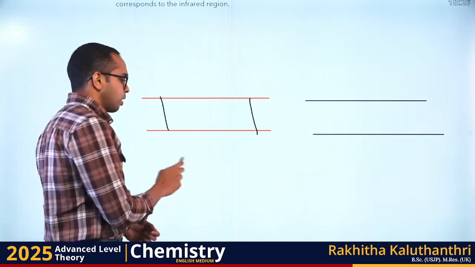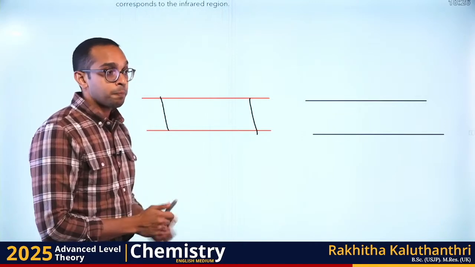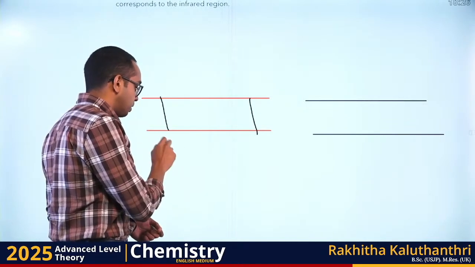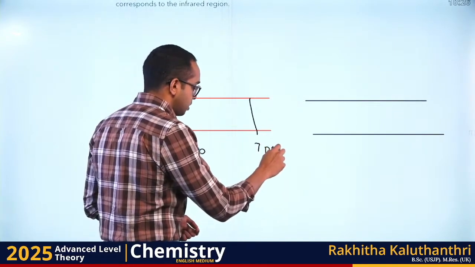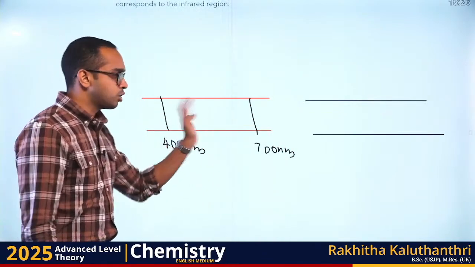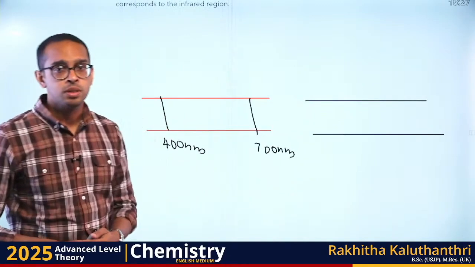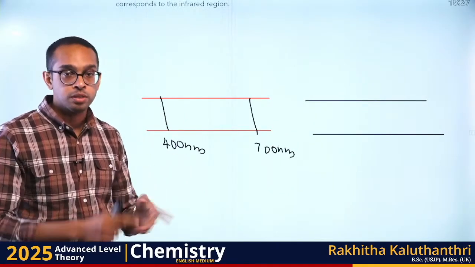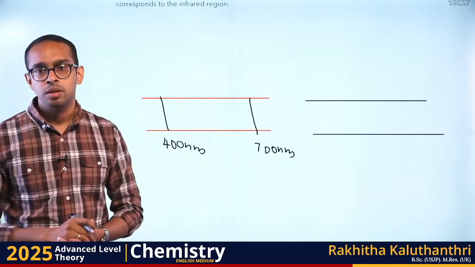For example, if you send white light through, let's say, a prism, all the wavelengths from 400 nanometers all the way up to 700 nanometers are going to be observed, right? 400, 401, 402, 403, 404 nanometers, all the way up to 700 nanometers without missing a single nanometer value.